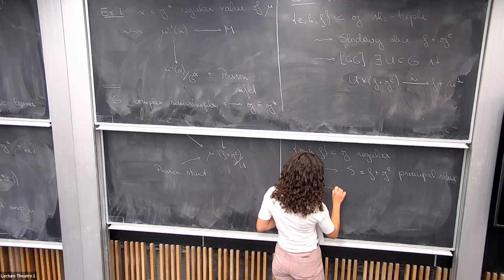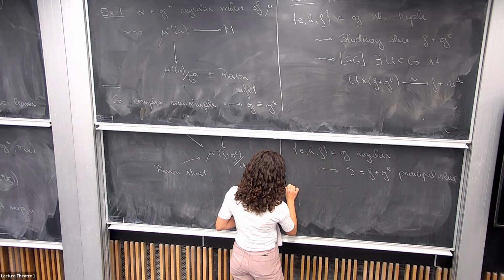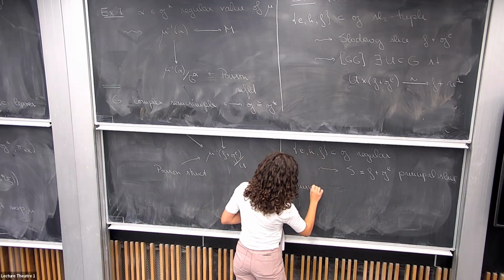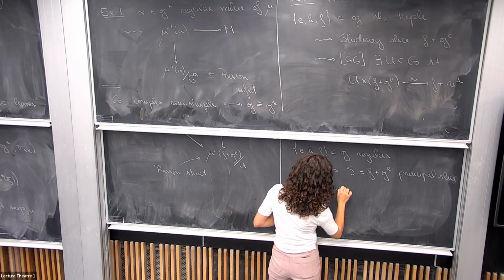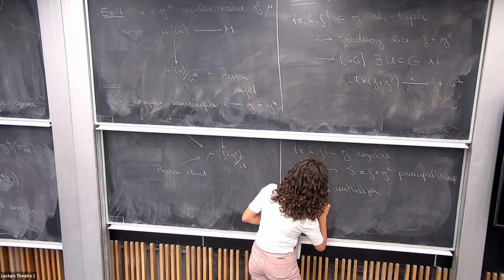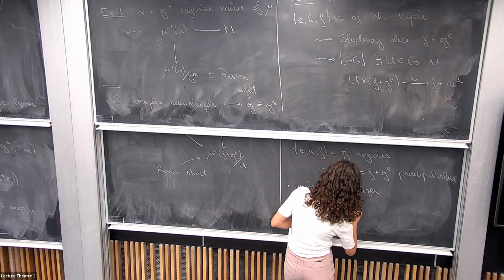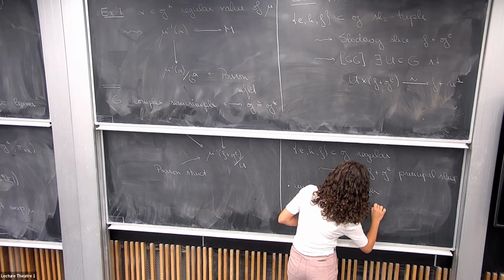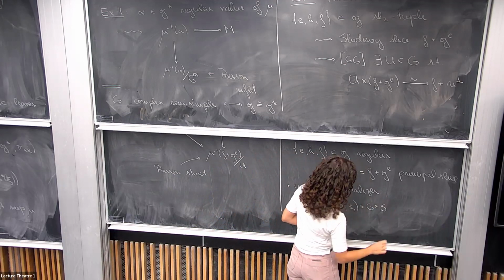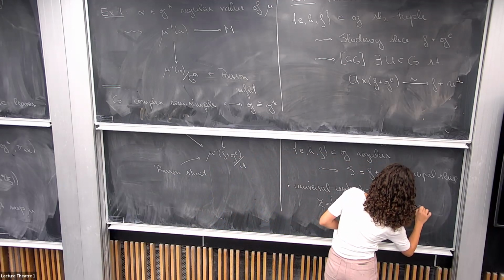And then make some definitions so that here we'll define the universal centralizer. This is the group scheme consisting of pairs A in the group and C in the principal slice with the property that A centralizes C.